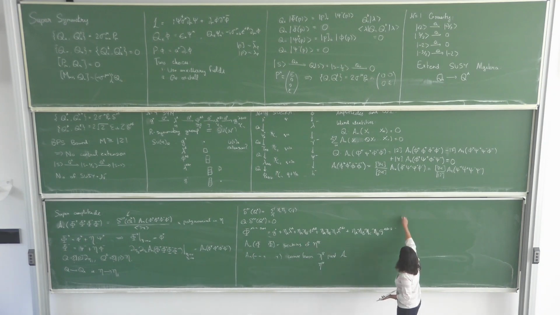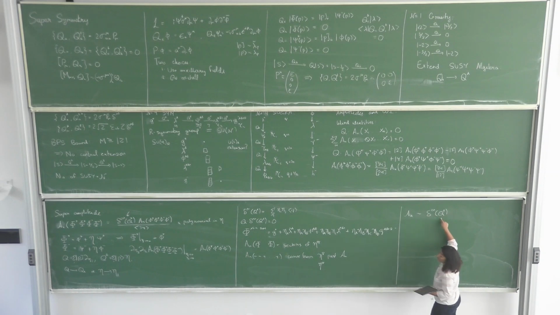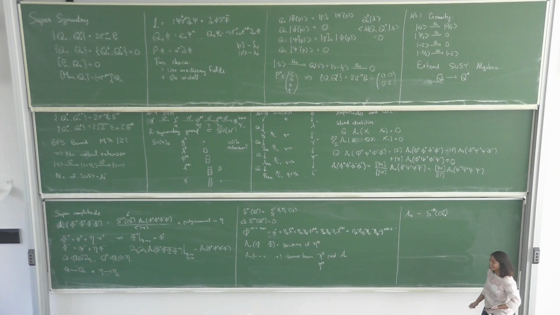It's basically because your super amplitude needs to have a delta function, but it needs to have a delta function for each of the supercharges, making this not quadratic, but octatic, eta to the 8th, right? So it has to have 8 etas in order for it to be non-zero.